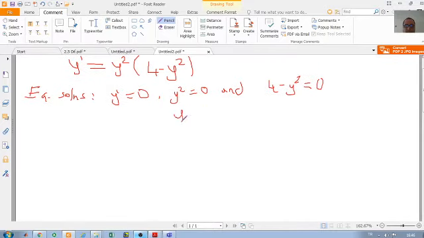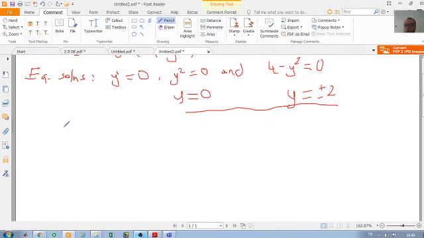From here we have 0 for y, this is a double root, and from here we have plus or minus 2. They are the equilibrium solutions of the differential equation, and we should find the sign of the first derivative according to these results.